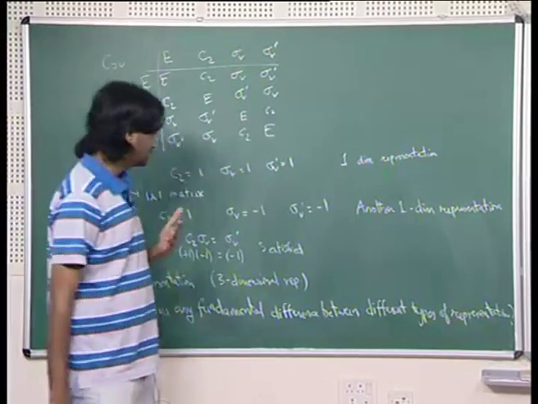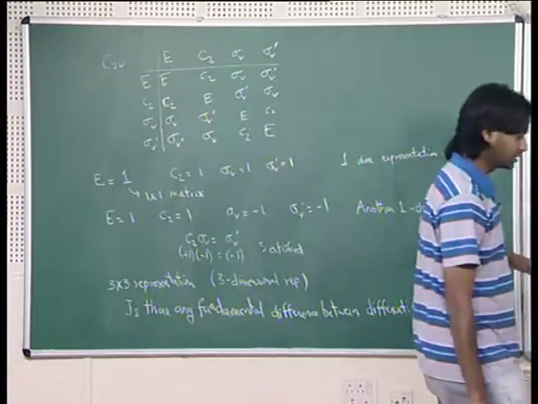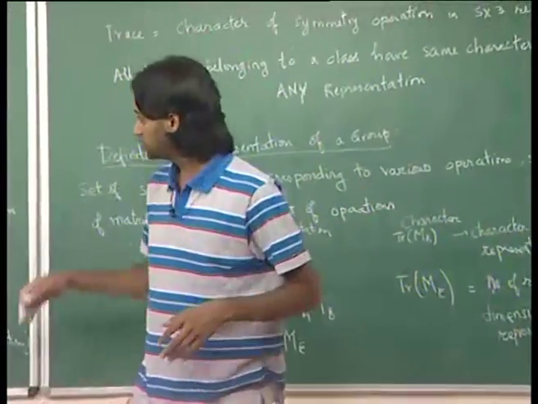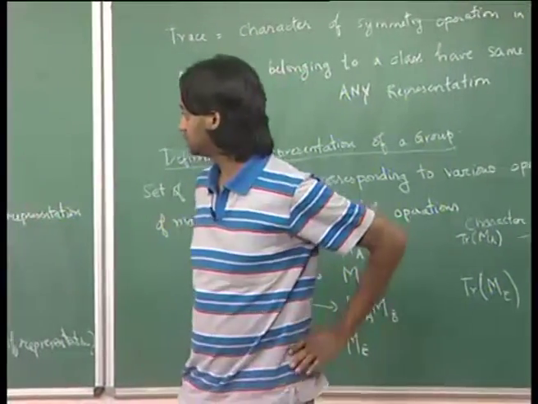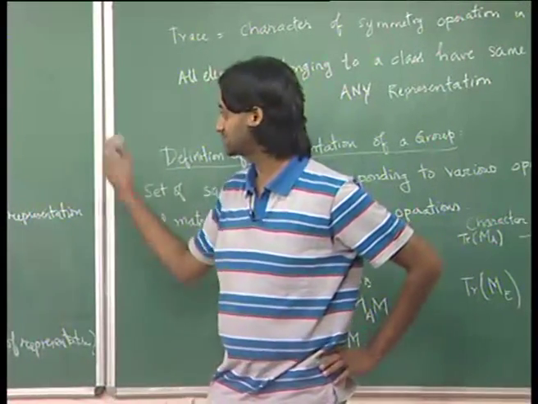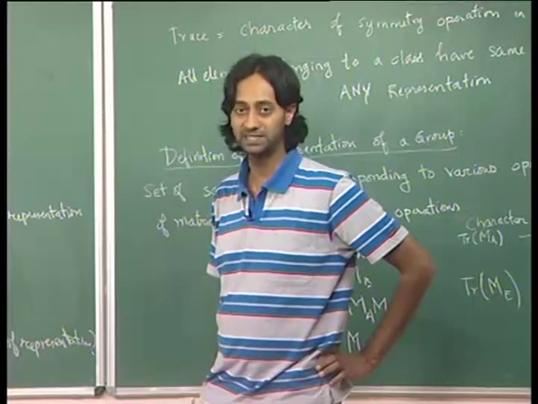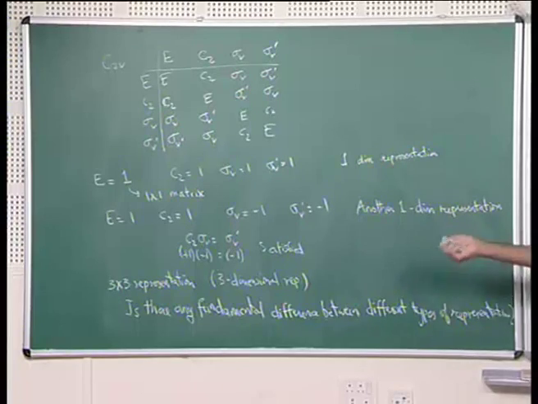And the other question we want to ask is, since I have a one dimensional representation, I can always construct higher order representations very easily. Since I can construct a 3 by 3 representation, I can construct a 6 by 6, 9 by 9, 12 by 12. I can construct any dimensional representation I want.